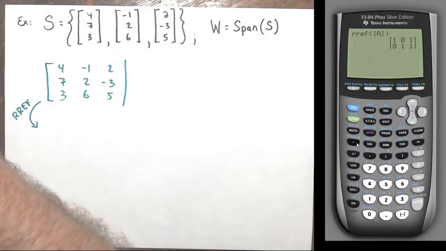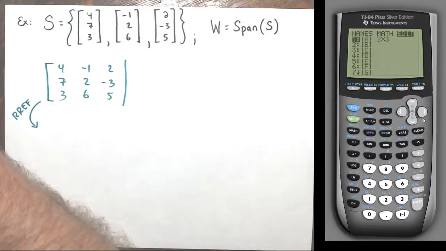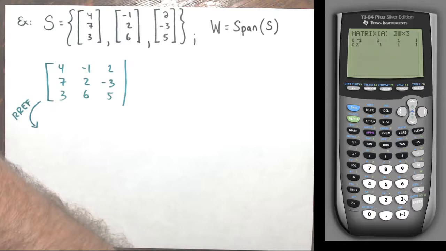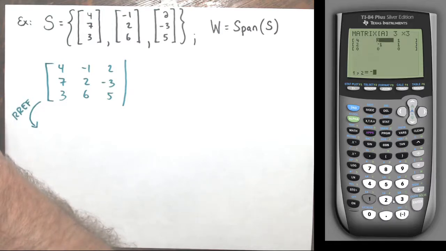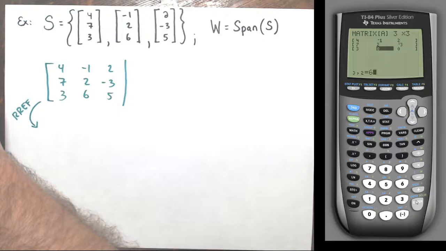So second matrix, go over to edit, and this is a 3 by 3 matrix this time, the coefficient matrix. First row 4, negative 1, 2, second row 7, 2, negative 3, and last row 3, 6, 5.